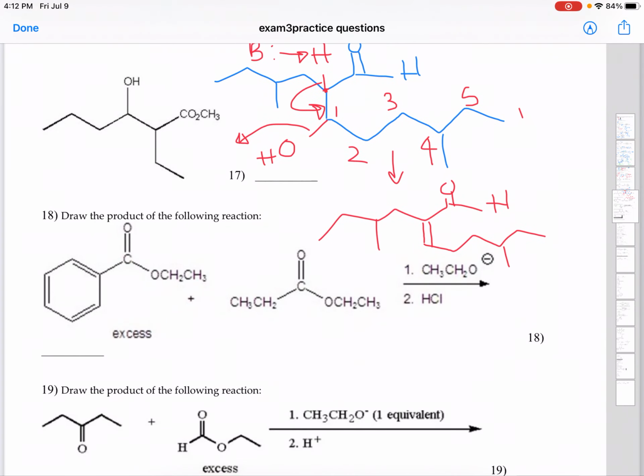Self-condensation of 4-methylhexanal, not cyclo, 4-methylhexanal. Okay, 1, 2, 3, 4, 5. I think I got the number of carbons correct. All right, so that was number 15.